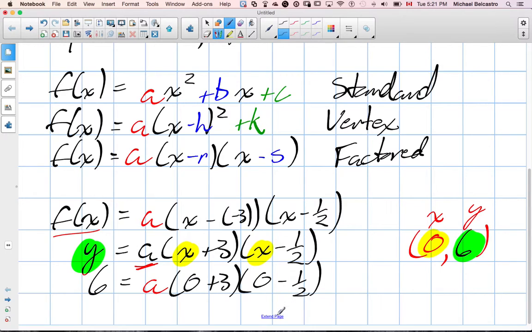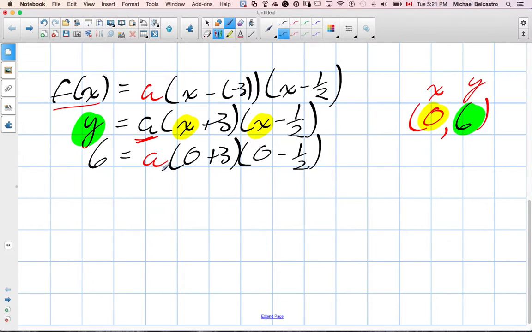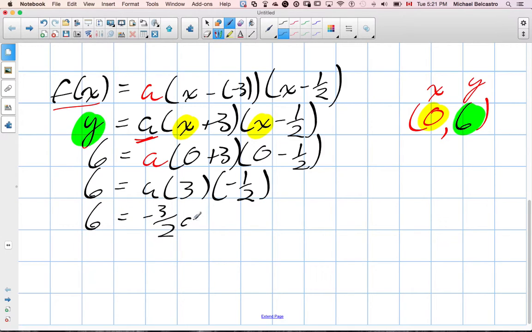So now this is just like a practice in isolating a variable. So 6 is equal to a, this becomes 3 times -1/2. -1/2 is -3 over 2, -1.5. I'm going to leave it as a fraction though. So 6 is equal to -3 over 2 times a. Okay, these all just kind of multiplied together.